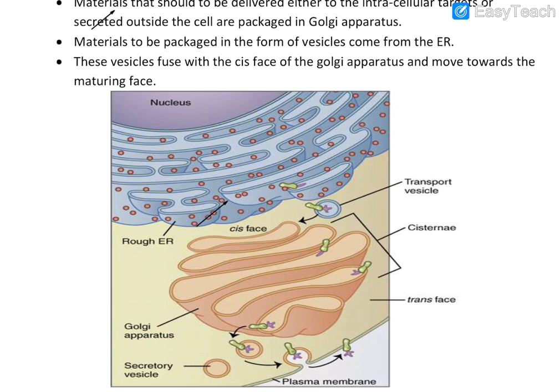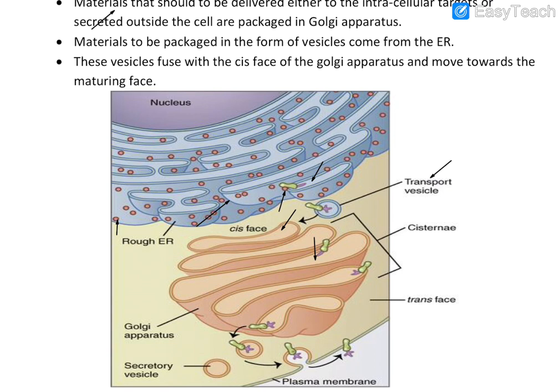So this represents the endoplasmic reticulum, and these spherical structures are ribosomes. You can see the ribosome producing protein that enters the lumen of the endoplasmic reticulum. Later there will be formation of a transport vesicle. The transport vesicle fuses with the Golgi apparatus at the cis face.